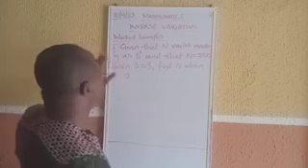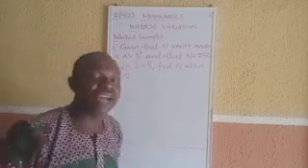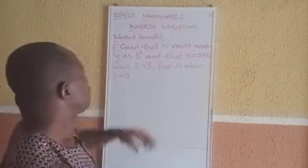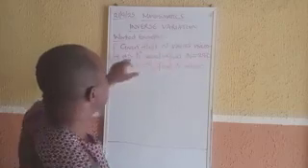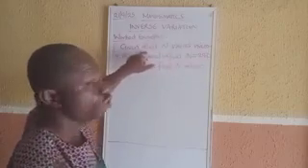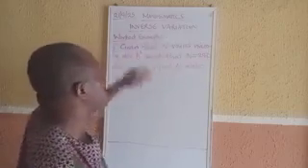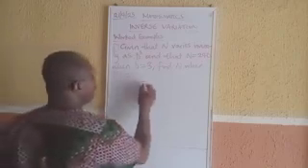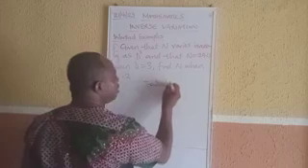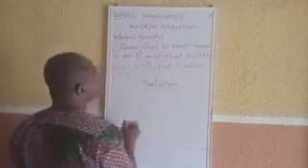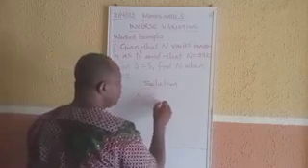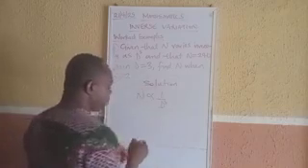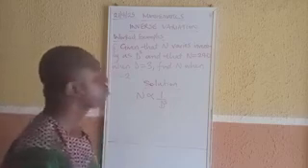The first step is to identify the two quantities. As we can see from the question, n varies inversely as d raised to the power 3. So the two quantities here are n and d raised to the power 3. Let's write how they relate with each other: n varies inversely as d raised to the power 3.